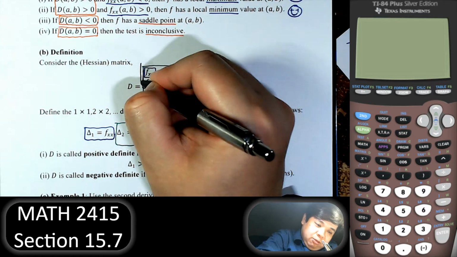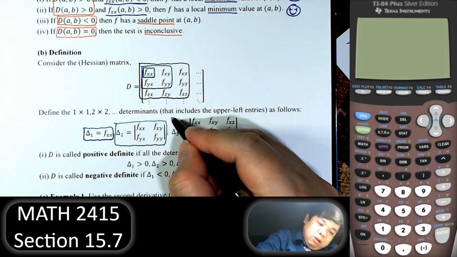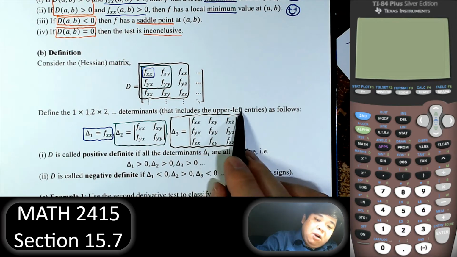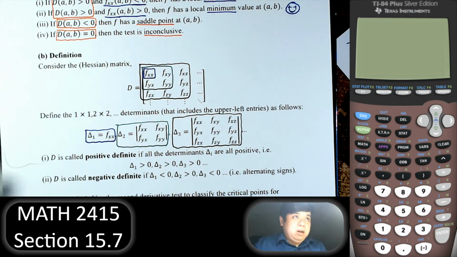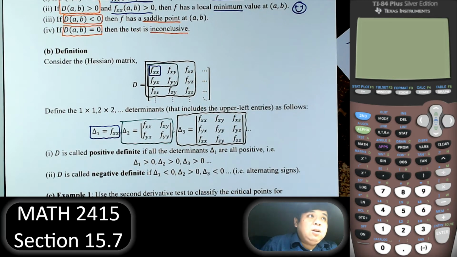And then the 3 by 3 is going to be delta 3. So it's always going from the top upper left entries. With that we find a bunch of determinants, and that gives us all the deltas. Right.